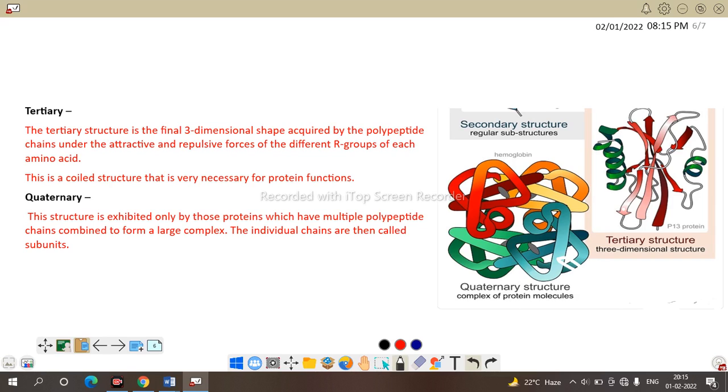As there are multiple polypeptide chains, the quaternary structure of a protein is a large complex structure. The individual chains are then called subunits. Here is the photographic image of a quaternary structure. This one is the quaternary structure.